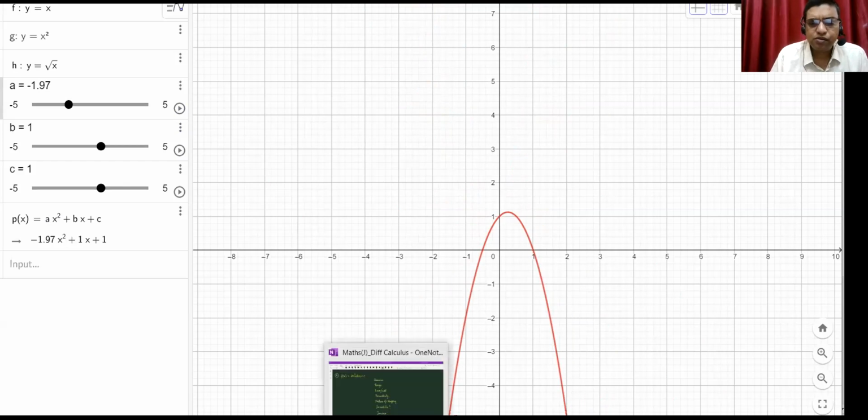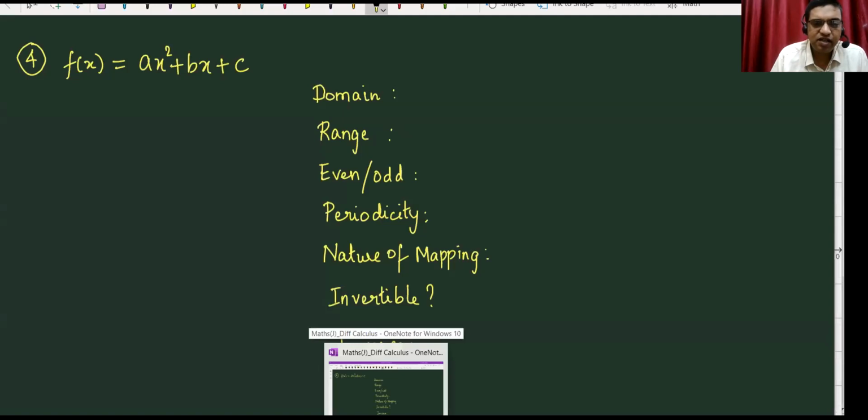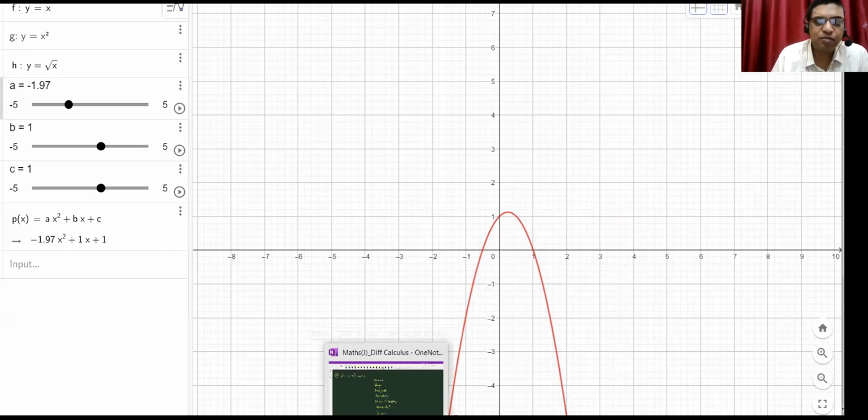So ax square plus bx plus c is parabolic. Domain and range: the range depends on the calculation. How do you find the range of this expression? It is not fixed for any function. You have to see its minimum value and maximum value.